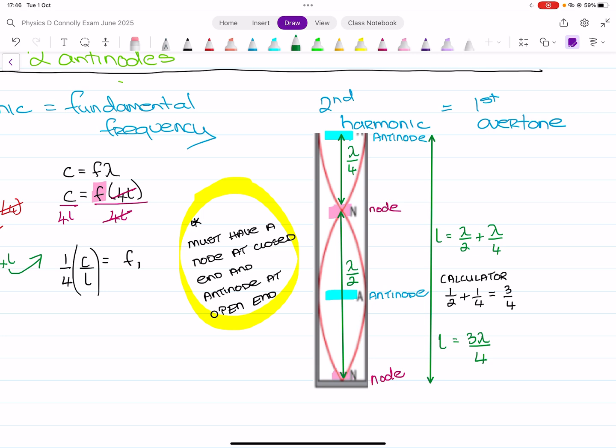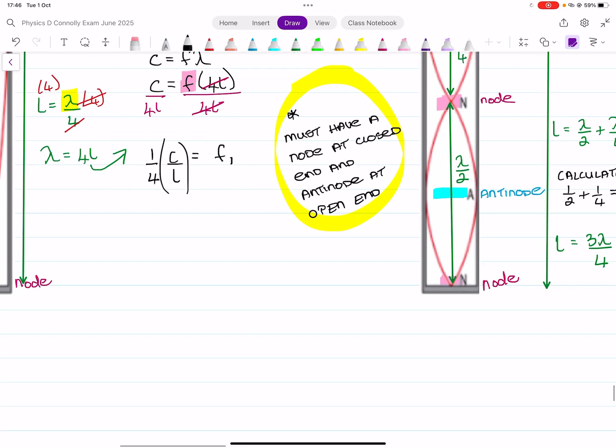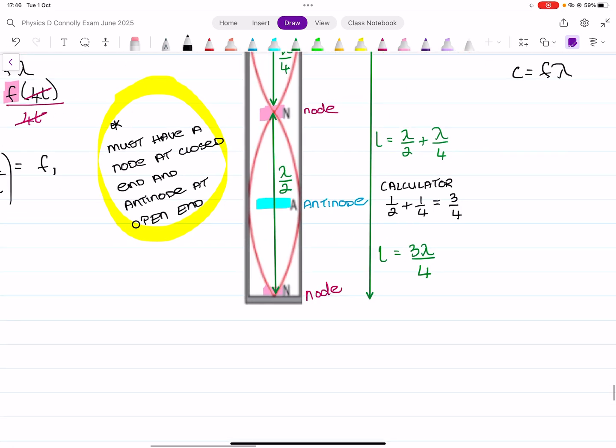Okay, so same maths again. I'm going to take my wave formula, C equals F lambda. I'm going to rearrange this first. I want to isolate lambda. So I'm going to multiply by 4 to get rid of my 4.